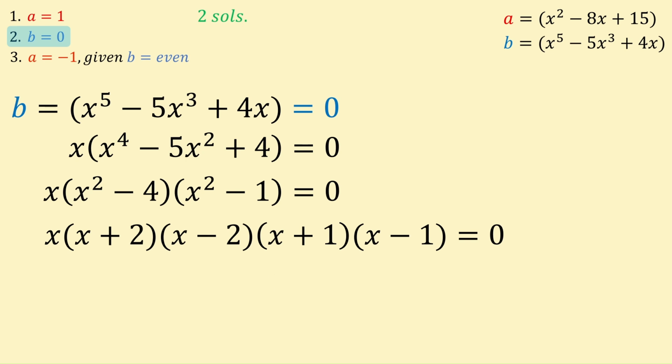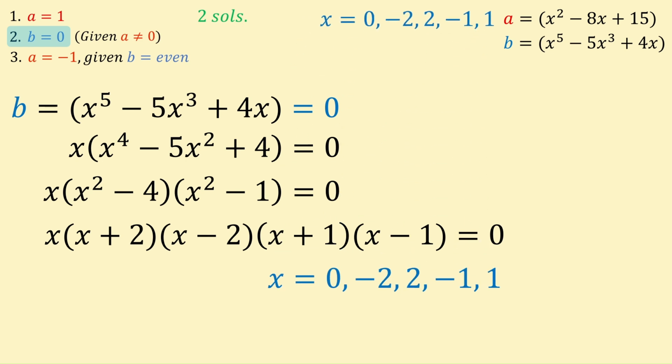This means x can take 0, negative 2, 2, negative 1 and 1 as solutions to make b equal to 0. We also need to check that none of these solutions makes a equal to 0 as well, and quickly substituting these solutions of x into our equation for a shows that this is not the case, so all 5 of our solutions are correct.